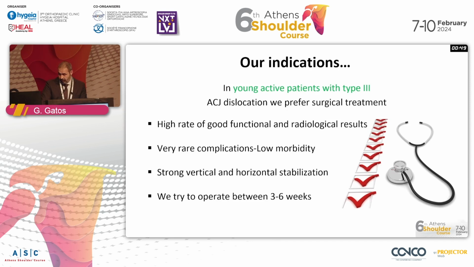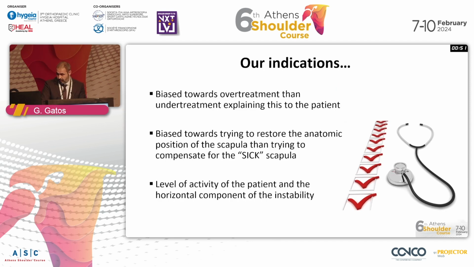We try to operate between 3 to 6 weeks. We're biased towards over-treatment rather than under-treatment, explaining this to the patient, because trying to restore the anatomic position of the scapula, rather than trying to compensate for the sick scapula, is more certain to achieve better results, taking into consideration the activity level of the patient and the horizontal component of the instability.